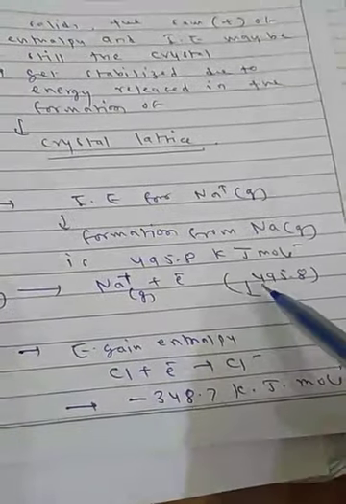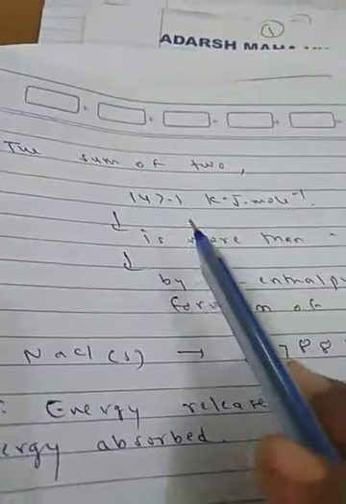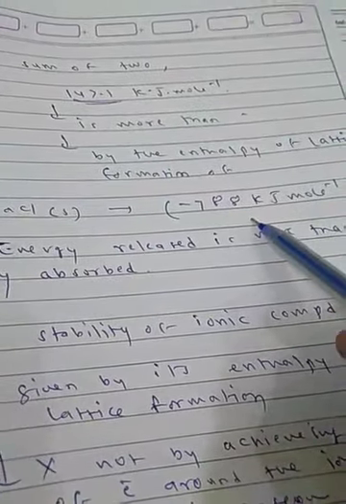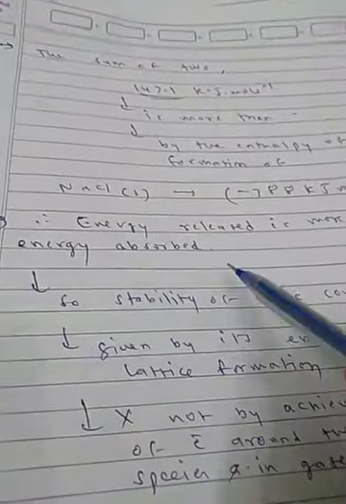Now we add the sum of this and this, and then the crystal lattice formation energy is called, the sum of the two, 147, is more than the enthalpy of lattice formation of NaCl solid. So the energy released is more than the energy absorbed.